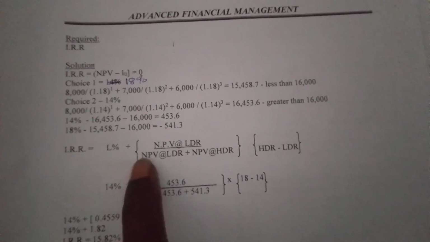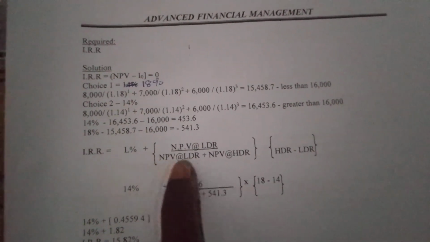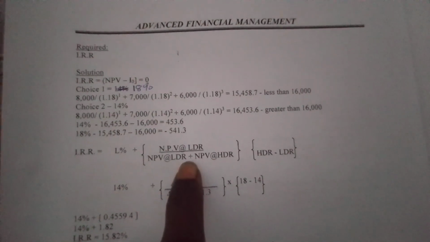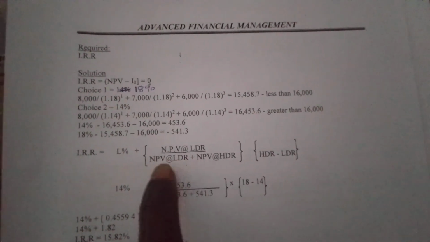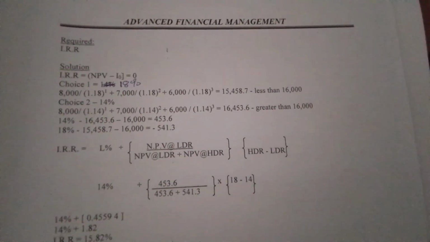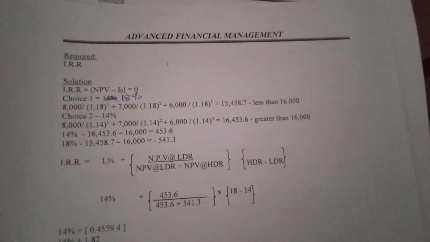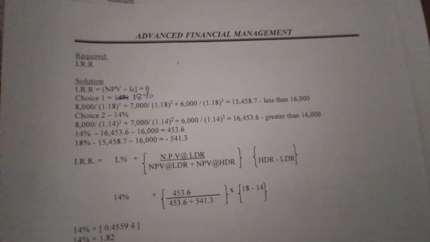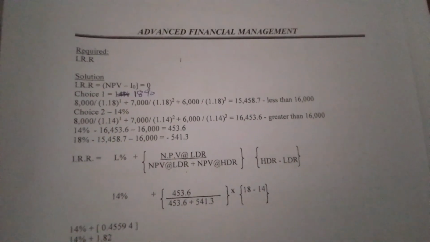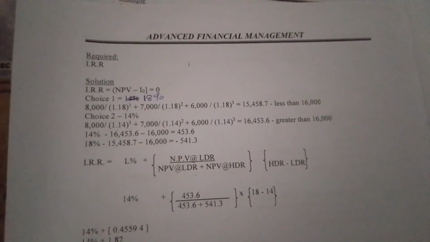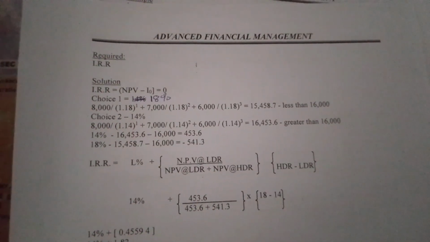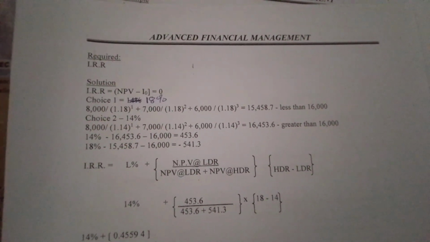For the denominator, you divide by the net present value at the lower rate plus the net present value calculated using the higher rate. Then close the brackets, and you multiply the answer by the higher rate minus the lower rate, the difference between the two rates. That formula is very important as far as our interpolation is concerned.